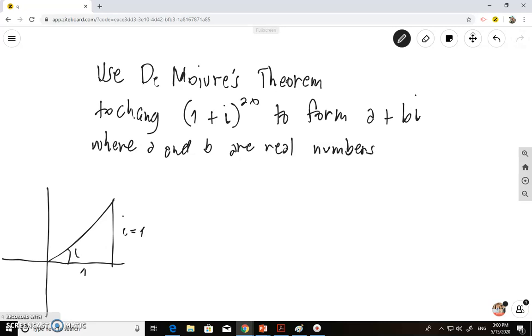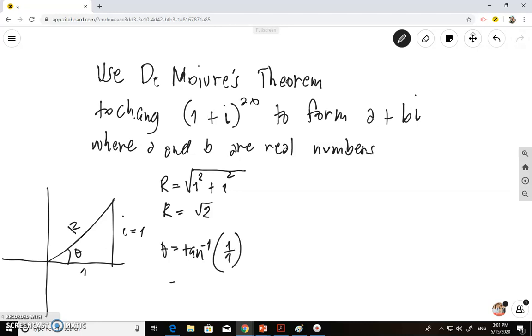To find the resultant r, r is equal to the square root of 1 squared plus 1 squared, which is the square root of 2. Our theta is tangent inverse of 1 over 1, which equals 45 degrees.